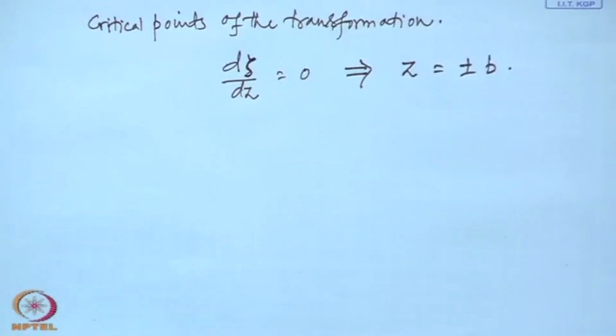What happens to the angle at the critical point? Let us see, we apply this transformation to transform an airfoil to a circle.